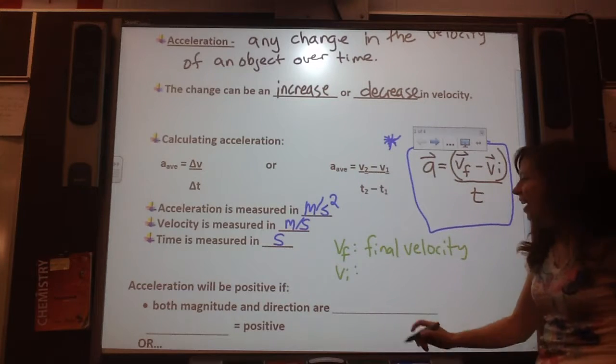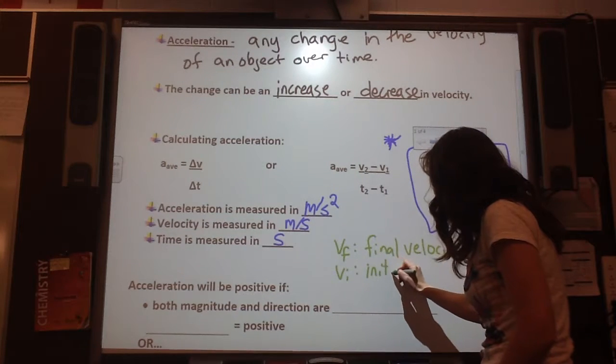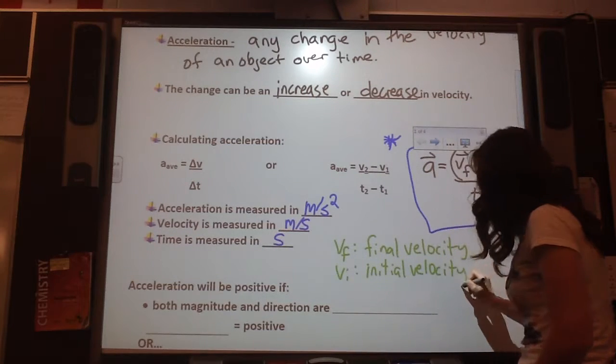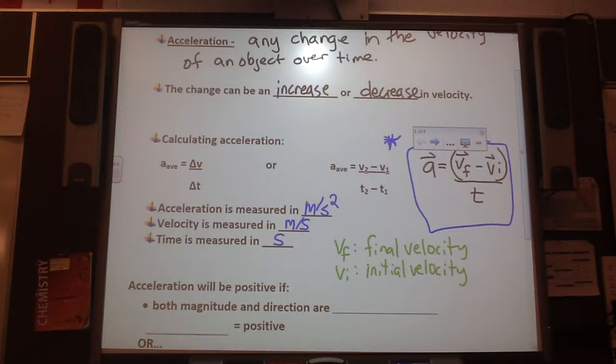Initial velocity, yeah. So that's why when we're taking the change in velocity, we have to go vf minus vi. So vf is final and vi is initial.